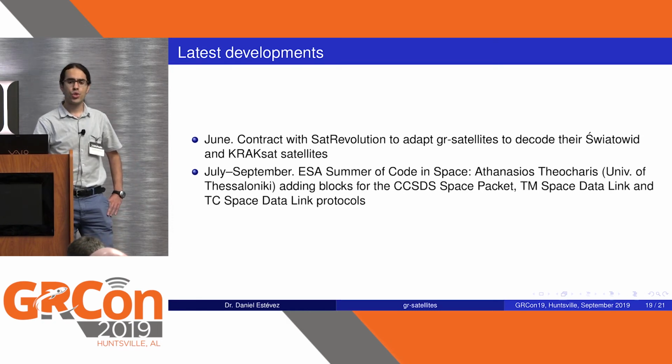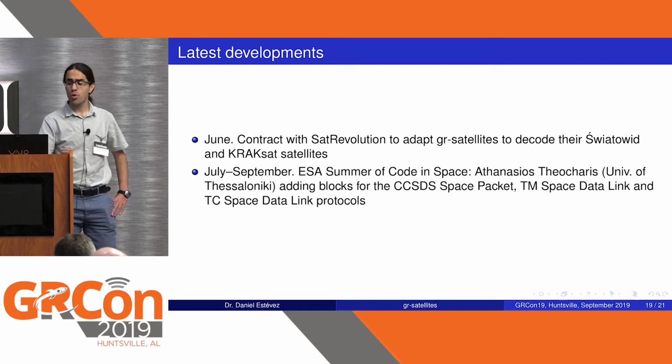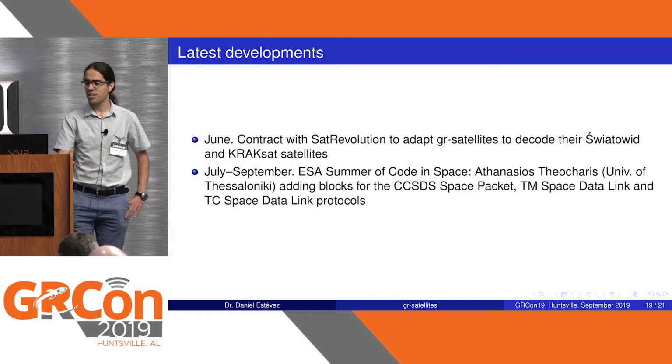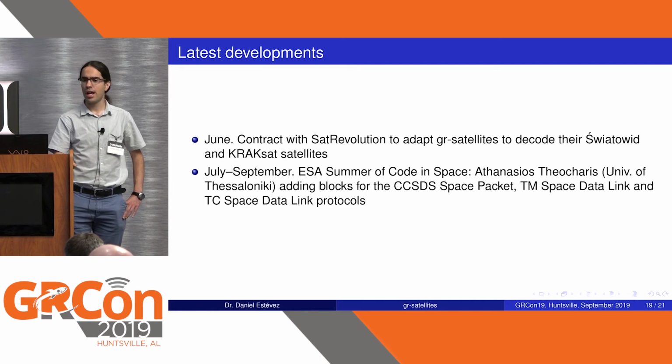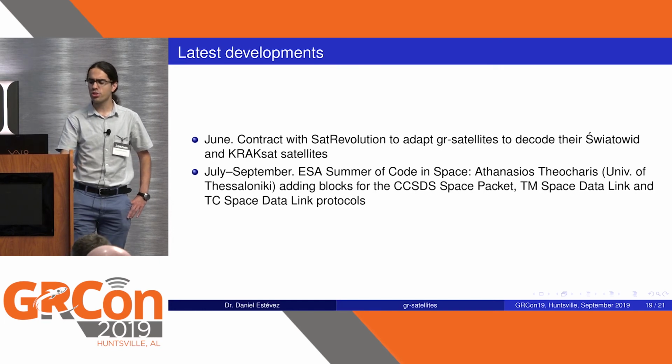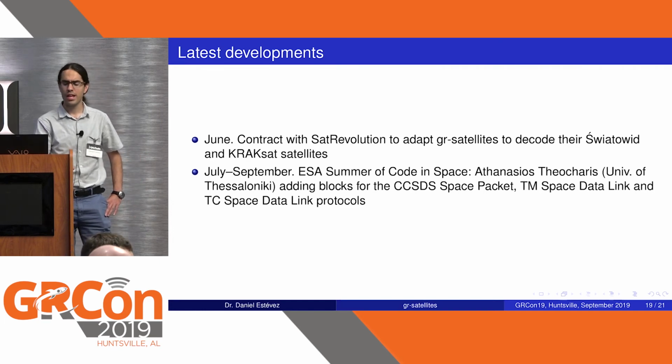So I only needed to do some new blocks and add them to GR satellites for the Sat Revolution project, and could reuse most of the components of GR satellites. Of course, the outcome of this project has been published under the GPL and is on the GitHub page of the project.